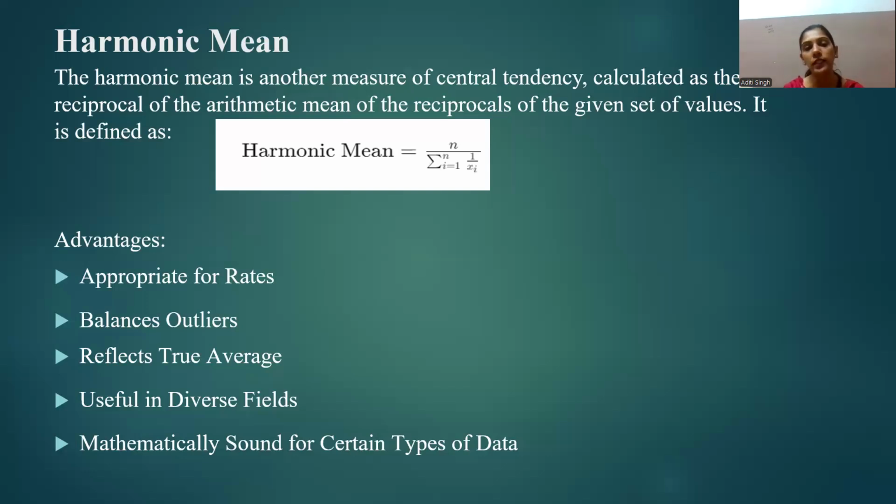Okay, next point is balances outliers. The harmonic mean gives less weight to the larger outliers and more weight to the smaller values.